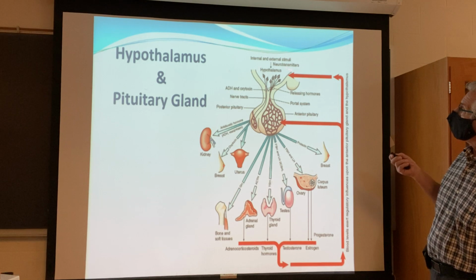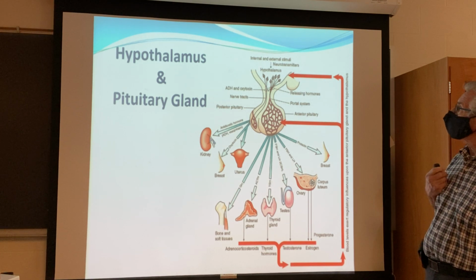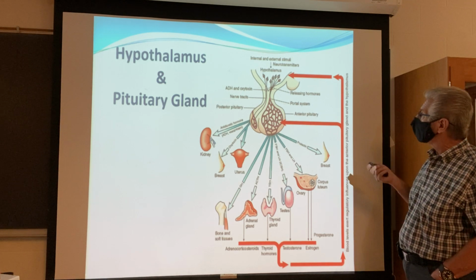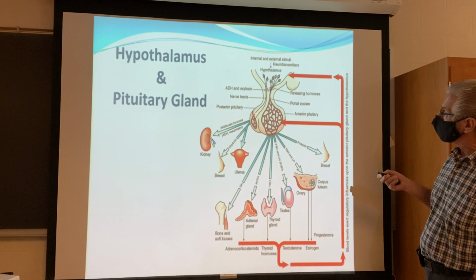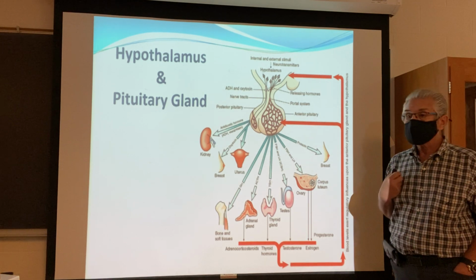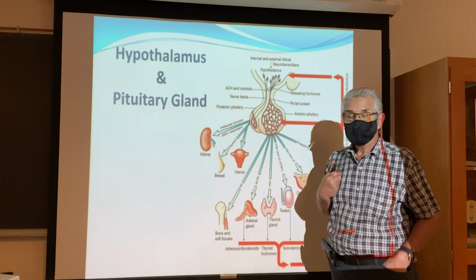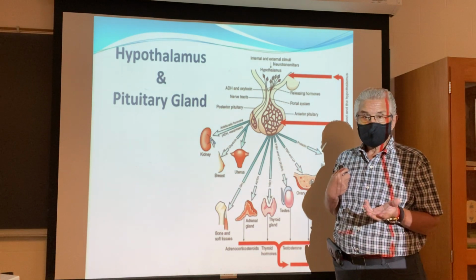As you can see, the hypothalamus releases releasing hormones and inhibiting hormones. We have an anterior pituitary and a posterior pituitary. Anterior, adenohypophysis, adeno, comes from oral ectoderm.